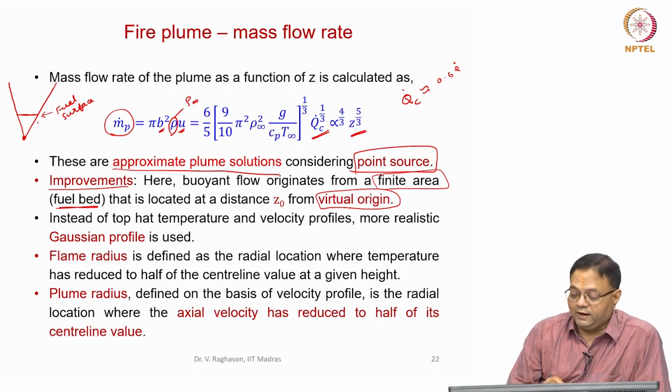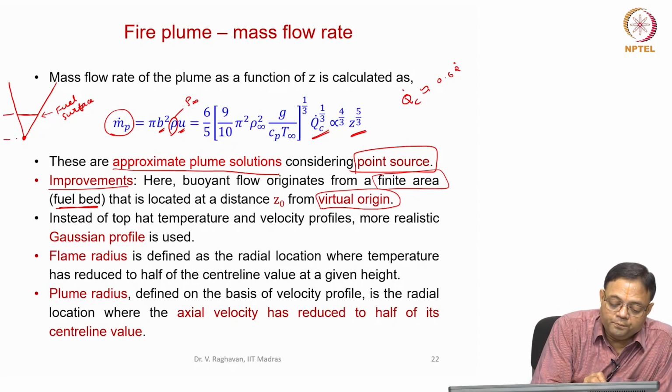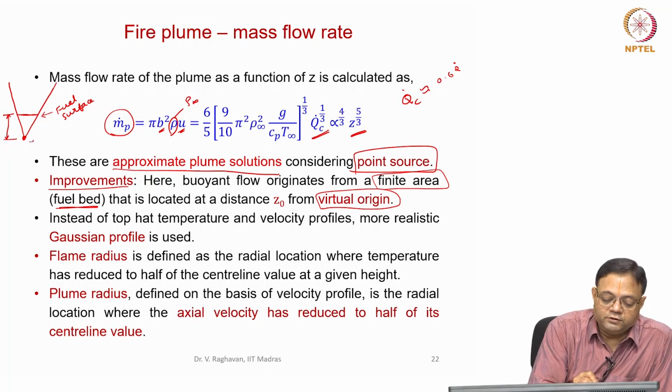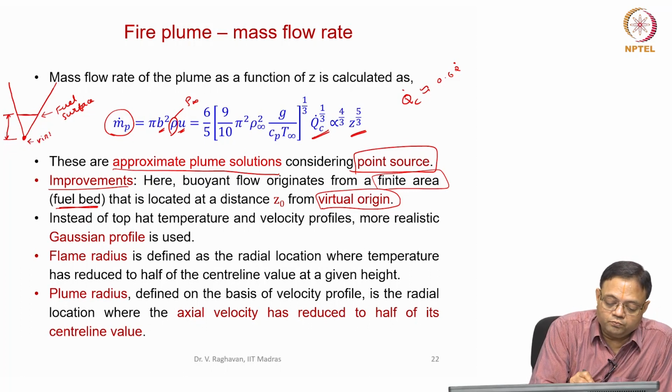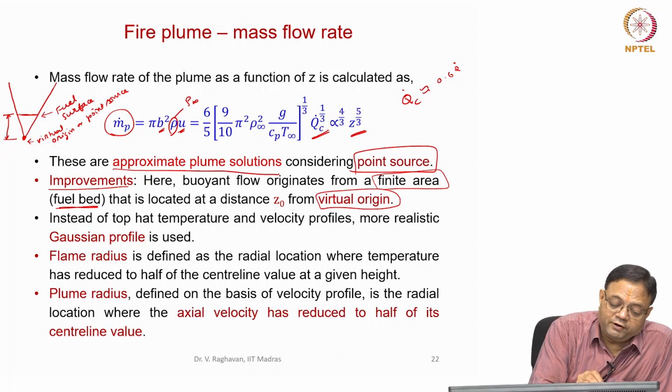So, now what I can do is introduce one more variable, which is the distance between the fuel surface and the virtual origin or point source. That is called Z0.